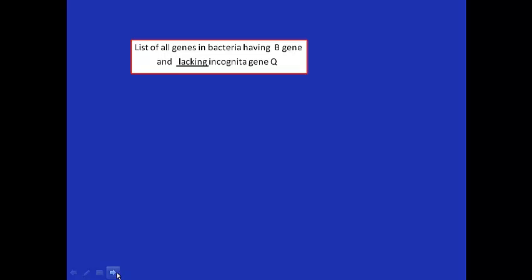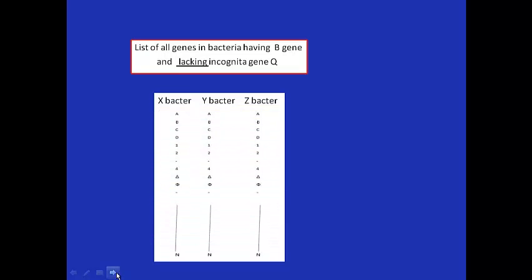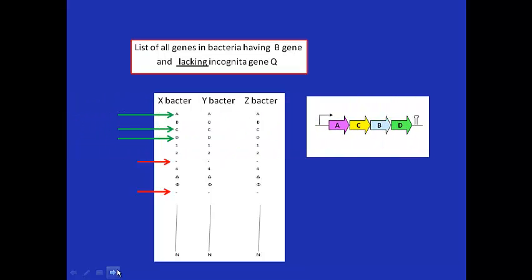Please look carefully at our list. X, Y, and Z bacteria are missing genes 3 and sigma. Moreover, among the other thousands of genes in their genomes, they might be missing some other genes that could be present in the U and W bacteria. Keep that in mind since we will revisit this case and explain how to solve this problem later. Please also note that these bacteria have genes A, C, and D, and hence they should have a complete metabolic pathway.